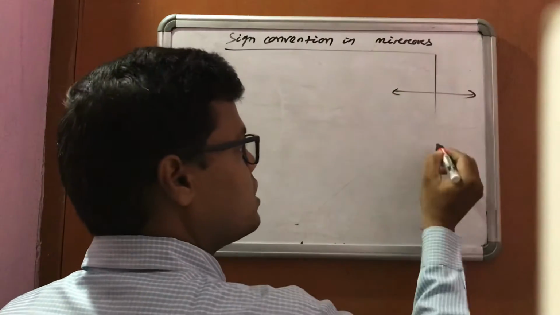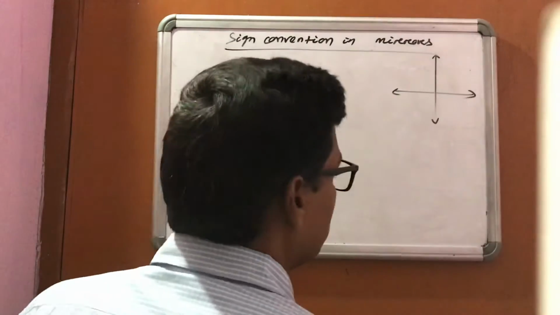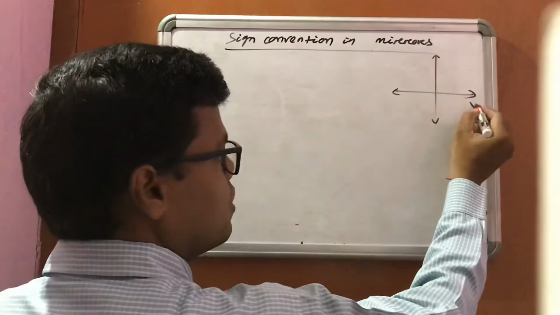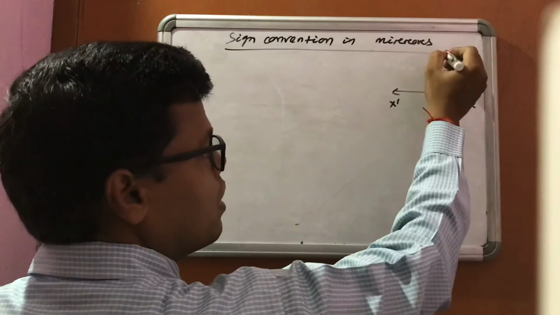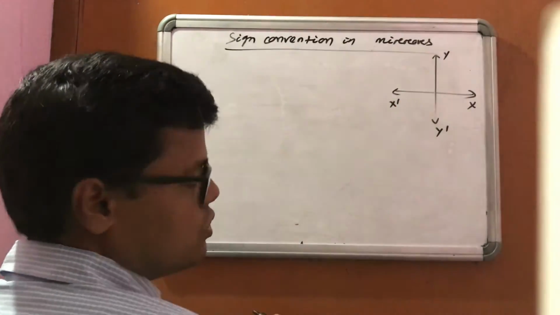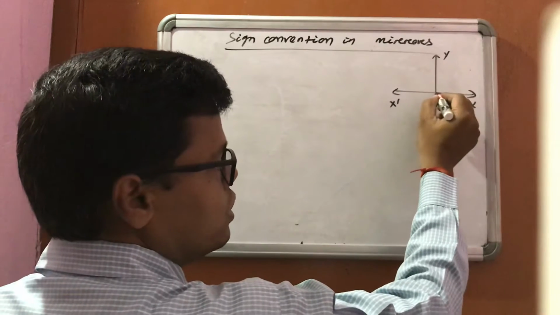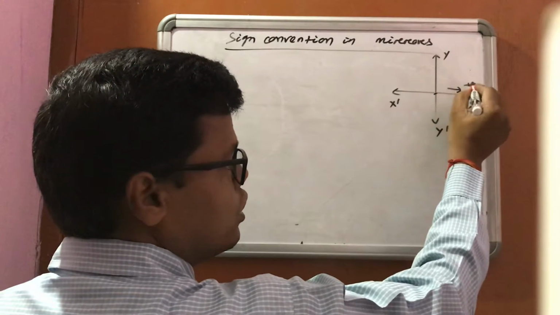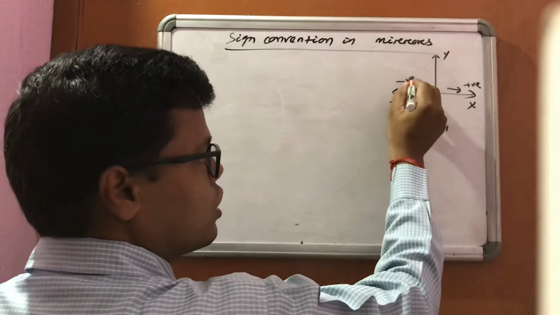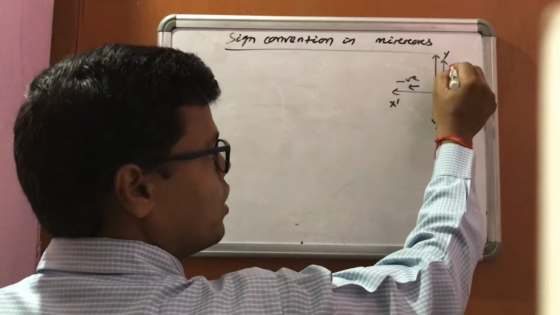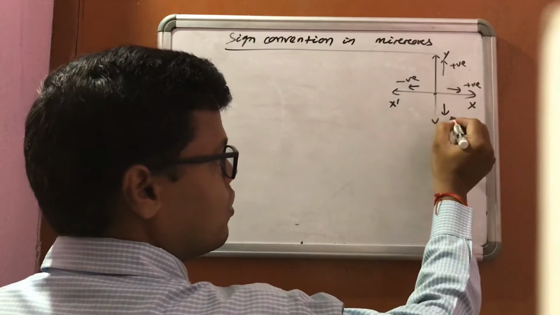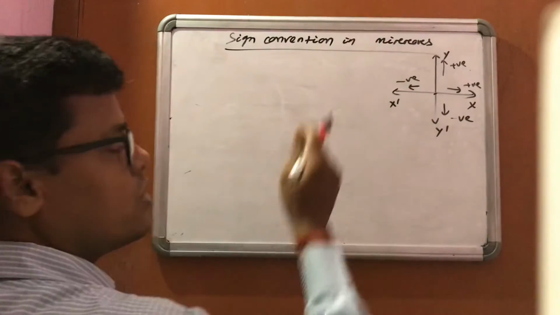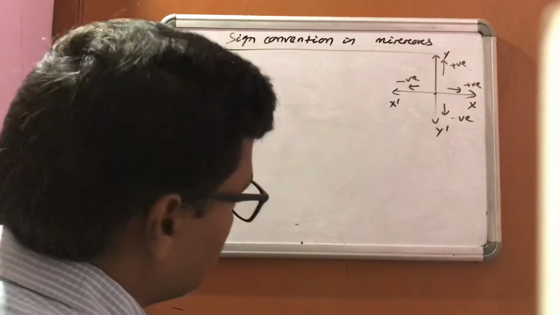As in mathematics, you have already known about the x and y axis. This direction is the origin, this is positive, towards left is taken as negative, upward positive, this downward negative. That means along this axis positive and this is negative.